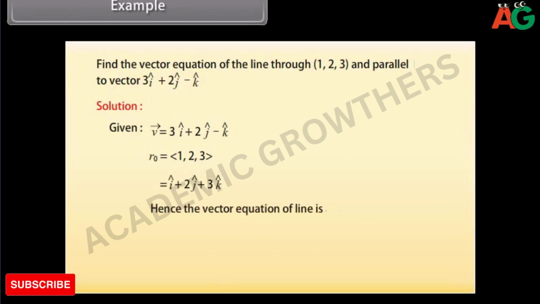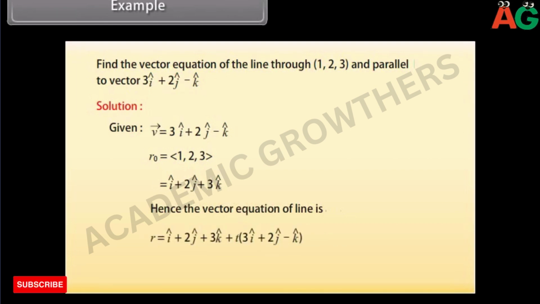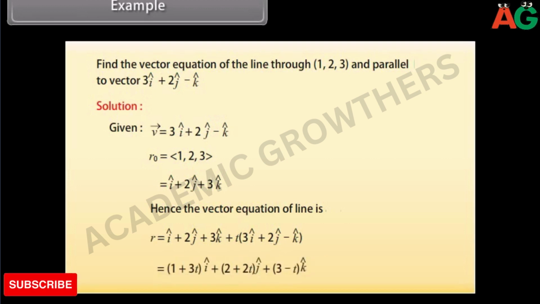Hence the vector equation of line is r equals i plus 2j plus 3k plus t times (3i plus 2j minus k), which equals (1 plus 3t) i plus (2 plus 2t) j plus (3 minus t) k.